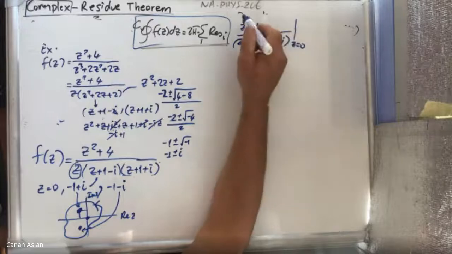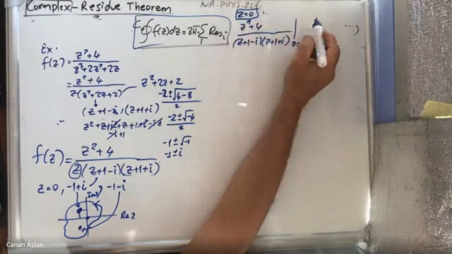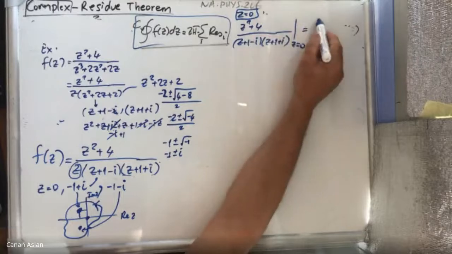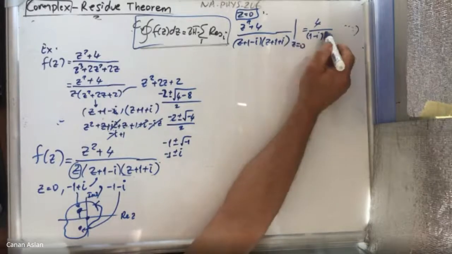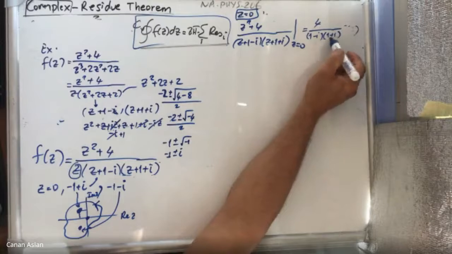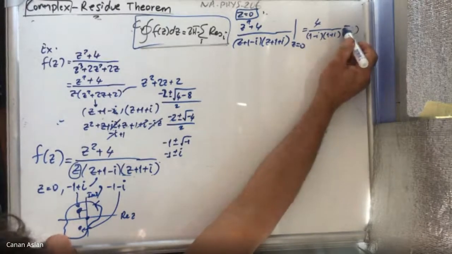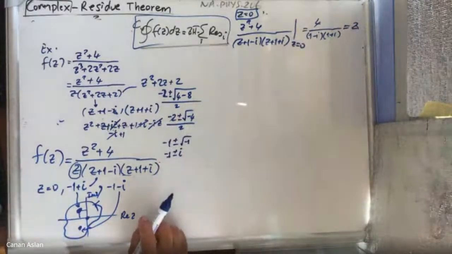The first one, z equals 0 case. The residue will be equal to (0 plus 4) divided by (1 minus i) times (1 plus i). But this product is just 2, as you see. So 4 divided by 2 is just 2. So the first residue happens to be equal to 2.